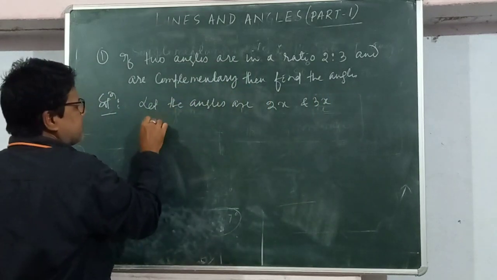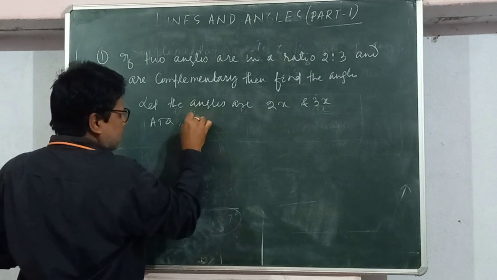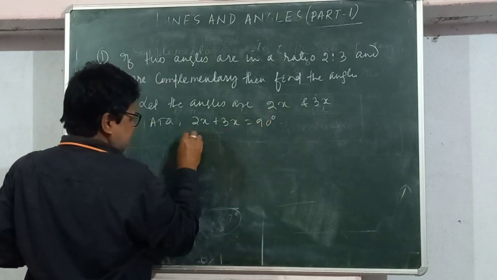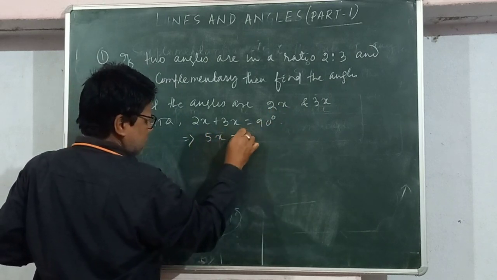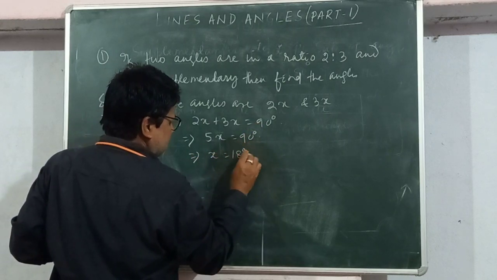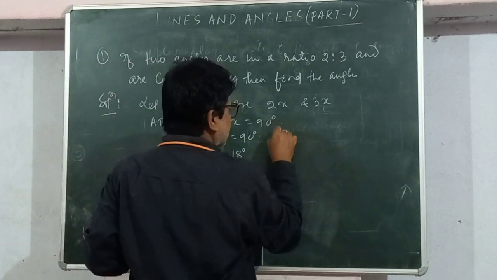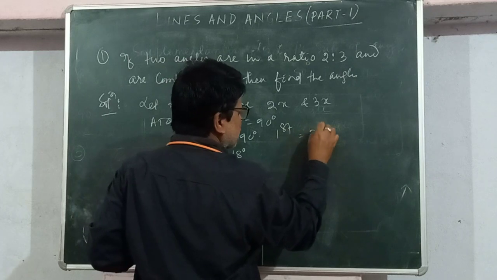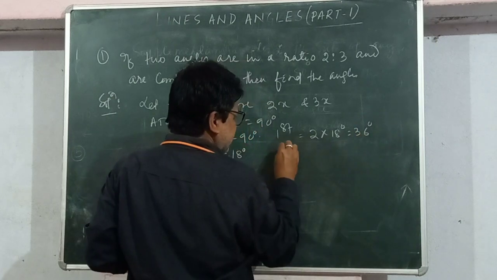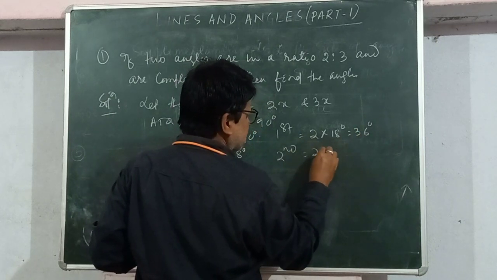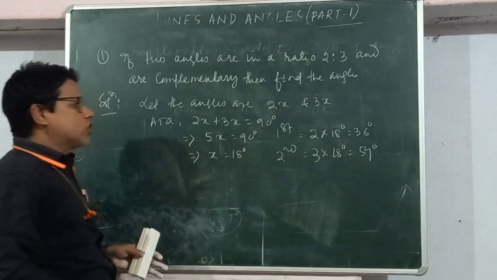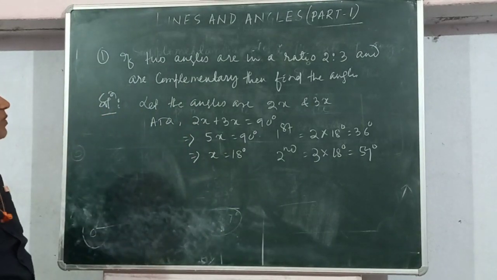As they are complementary, according to question, 2x plus 3x is equal to 90 degree, 5x is equal to 90 degree, implies that x is equal to 18 degree. So first angle is 2 into 18 degree, that is equal to 36 degree. Second angle is 3 into 18 degree is equal to 54 degree. So the two angles are 36 degree and 54 degree.